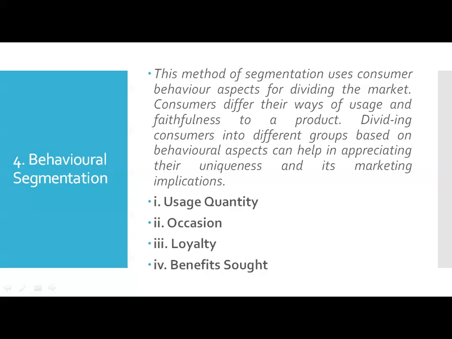Usage quantity. Consumers in the market can be divided on the basis of usage quantity. One of the easiest ways to arrive at this division is by breaking the market into light, medium, and heavy users. Then next is occasion. Marketers do not specify the occasion of consumption of a product. Hence, a product category could be used on various occasions.